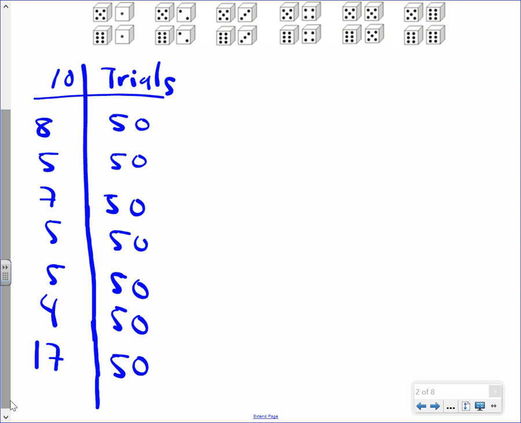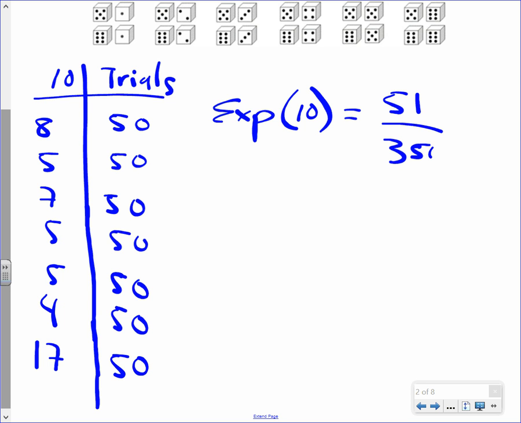So the experimental probability of rolling a 10, look at the way I'm writing it out, is 51 out of 350. Let me do that calculation now. That's as a fraction. It's actually reduced at this point. 51 over 350, there are no common factors. So that's a reduced fraction as we have it.